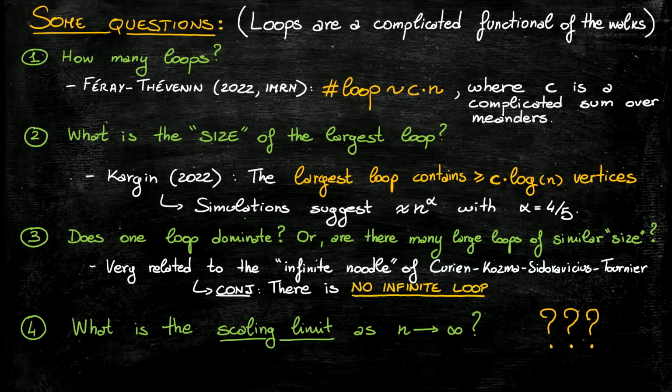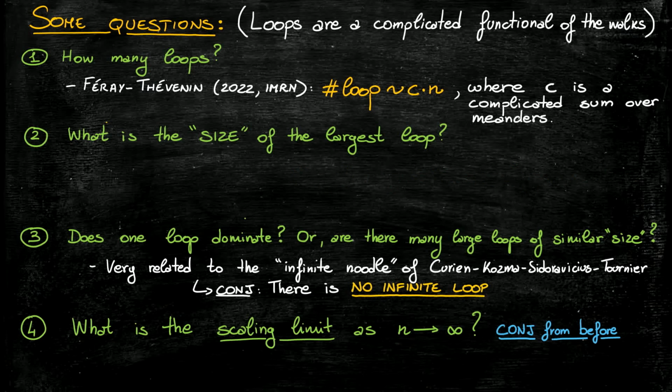OK, so what are the consequences, first of all, of what I said? Obviously, now we have a conjectural scaling limit. But not only that. For example, remember this n to the 4 over 5 of Kargin?